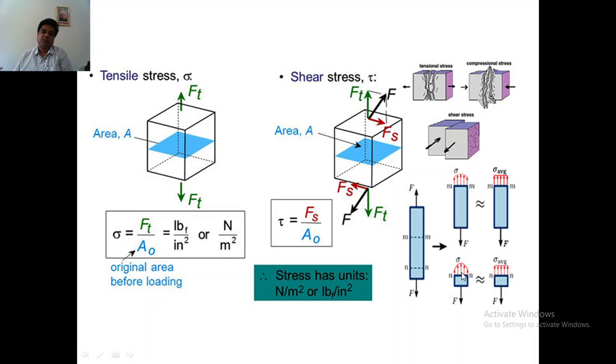So internally also forces will be inside the material. It will act in the opposite direction. So this external load is opposed by the forces developed in the material, or the resistance. That force is called the resisting force. It's again the force only. So this force over the area is called stress.